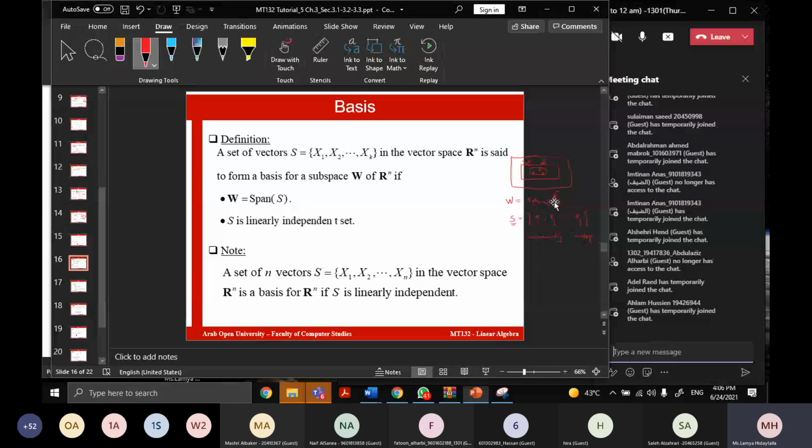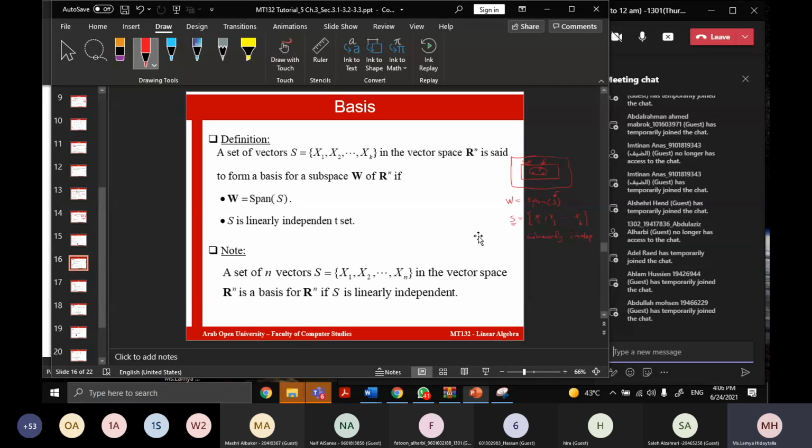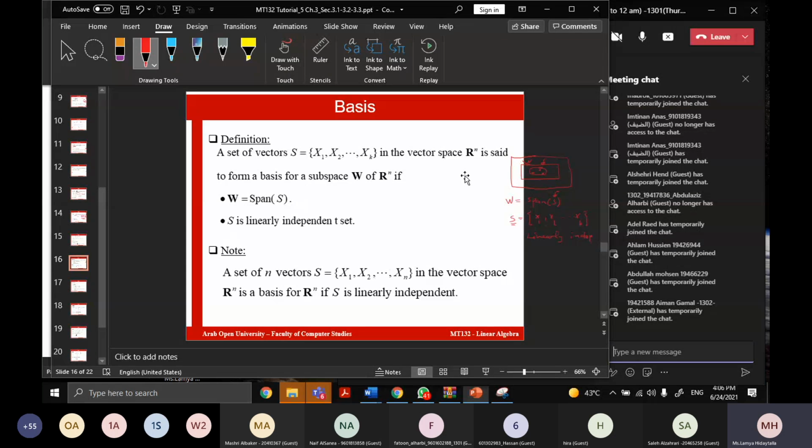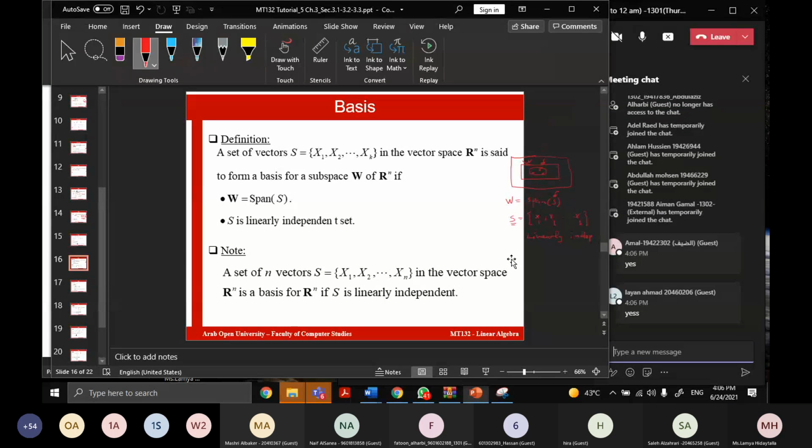So if this happens, then we say that they are the basis for the subspace W. Is it clear? Clear for all? What are the bases? Clear, what does basis mean?